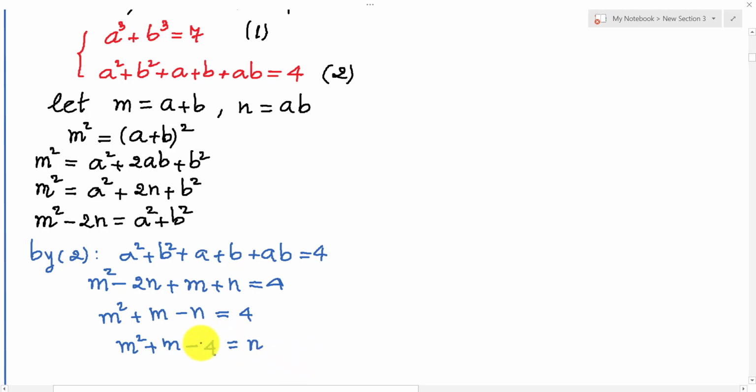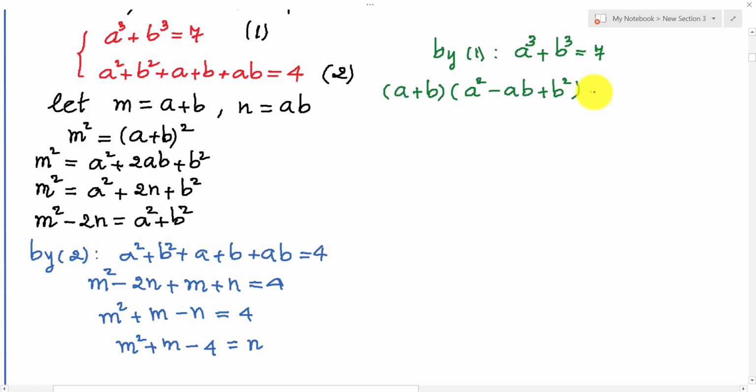We have this equation, and now I use the first equation, a^3 + b^3 = 7. Using the rule, (a + b)(a^2 - ab + b^2) = 7.